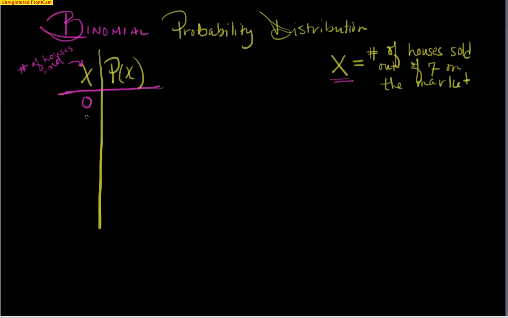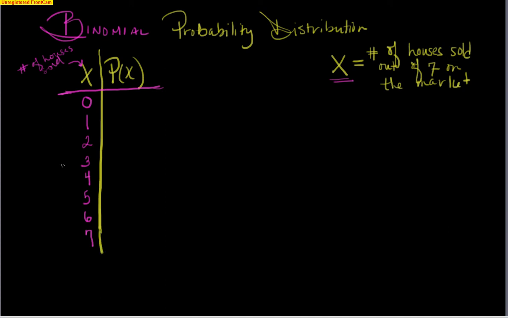The other possibility is that 1 house sells and the other 6 don't sell. 2 could sell and 5 could not sell. 3, 4, 5, 6, or in the best case, all 7 houses could sell, meaning she has 0 houses left unsold. That would be a great month for her.